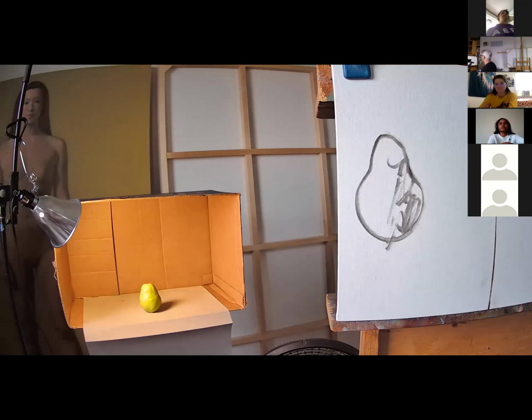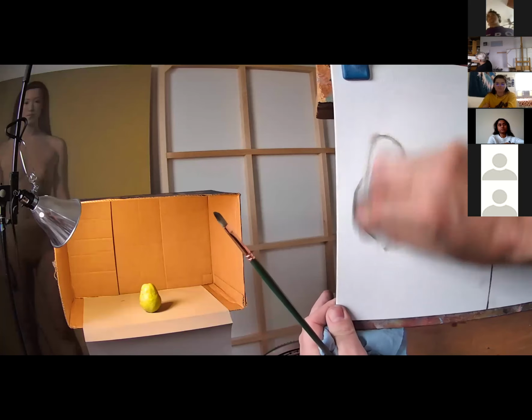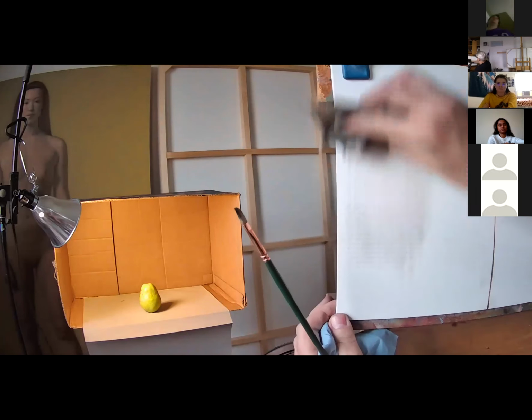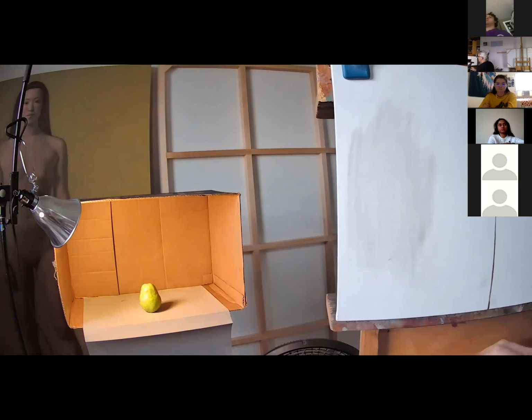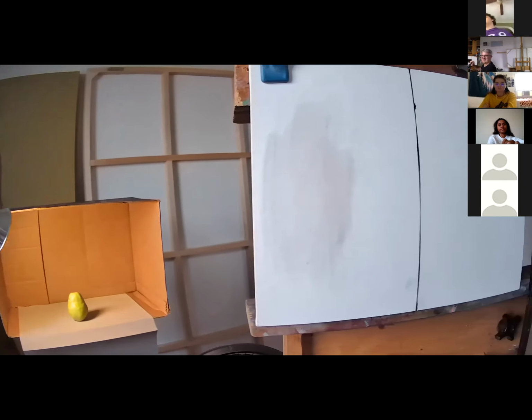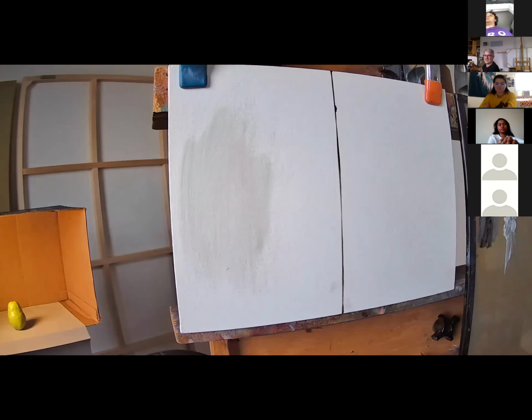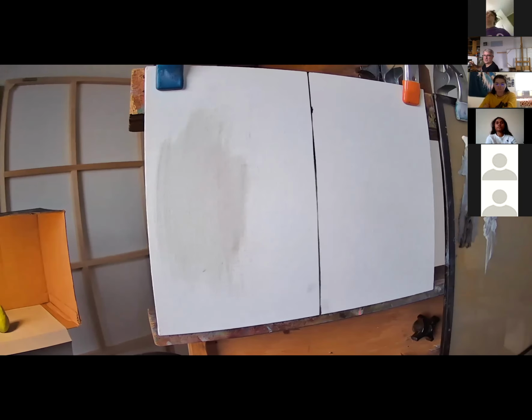We want to be a little bit more analytical. We want to really try to understand the planar structure of this object, and how we can use that planar structure to really clearly represent that object as a three-dimensional volume in space.